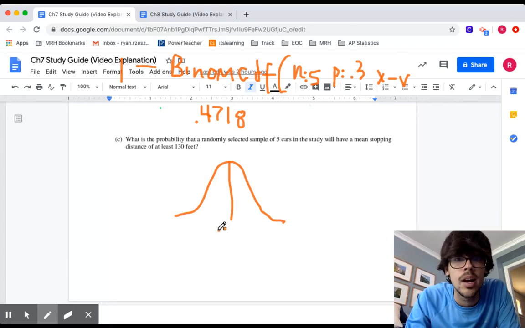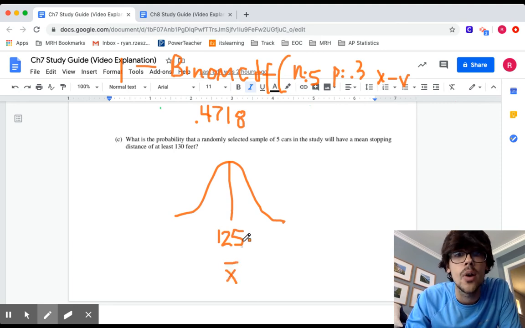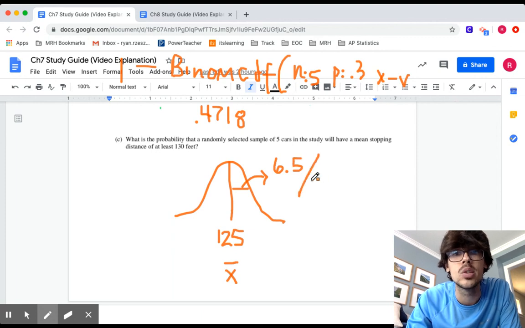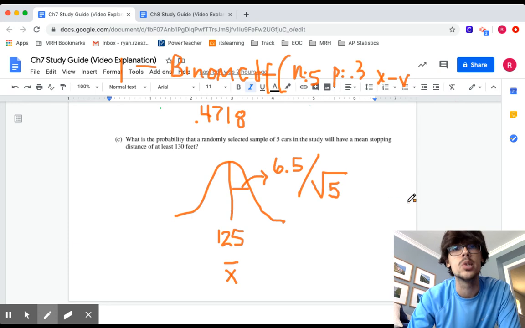Population was 125. And this is X bar's graph now that we're looking at. We're looking at the details on a sampling distribution. For X bar's graph, we don't use the 6.5 from earlier. Instead, you would need to make sure that you took your 6.5 and you divided it by the square root of your sample size. My sample size is 5 for this problem.